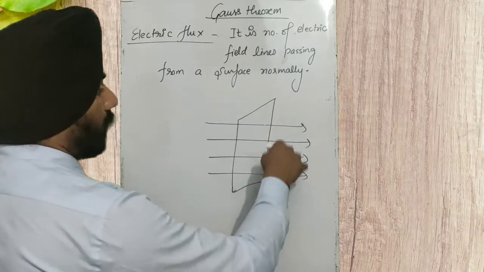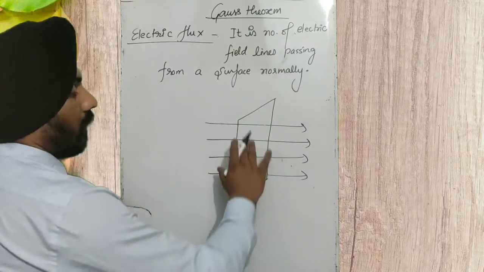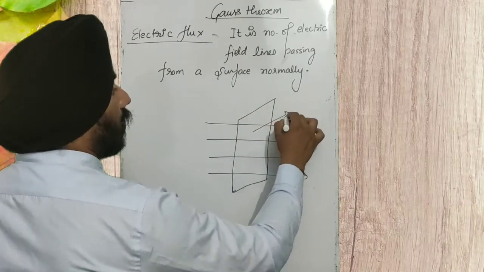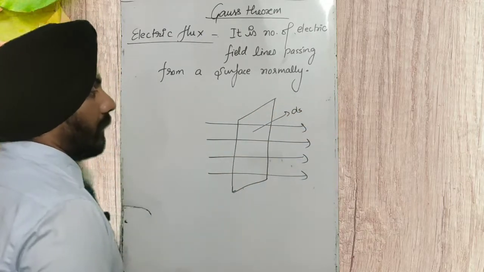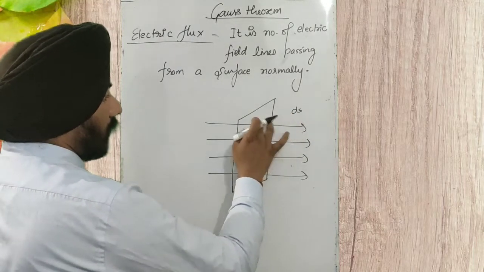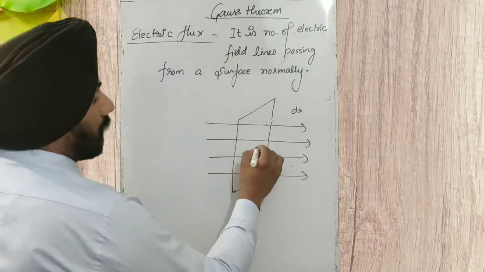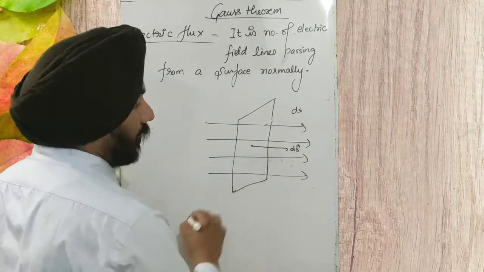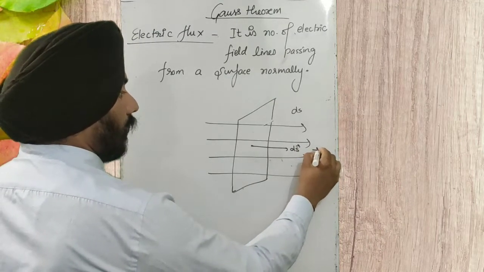So what will be the electric flux for this surface? How many lines are passing through this surface? Suppose the area of this one is ds, this is the area of this surface, and its area vector is in the same direction, ds vector. This is the electric field.